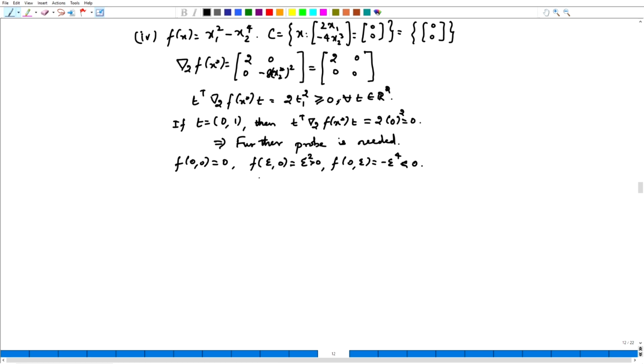So, you do not have a ball around (0, 0) where f(x1, x2) is greater than f(0, 0) or f(x1, x2) is less than f(0, 0). So, this implies that (0, 0) is a saddle point.